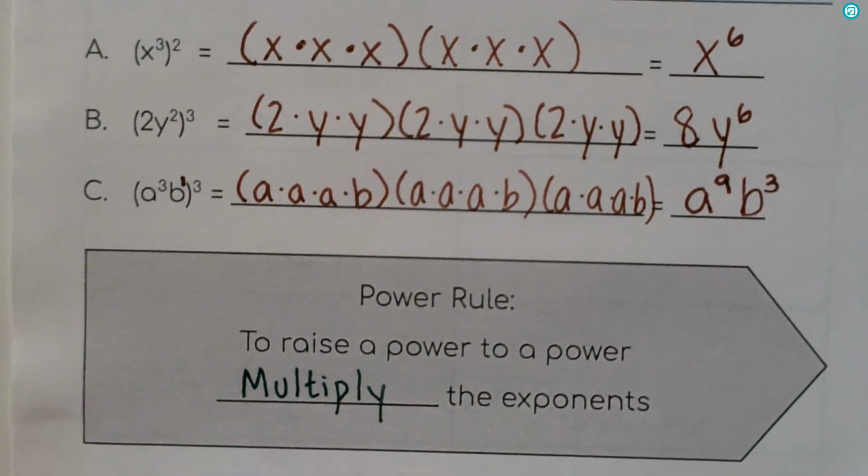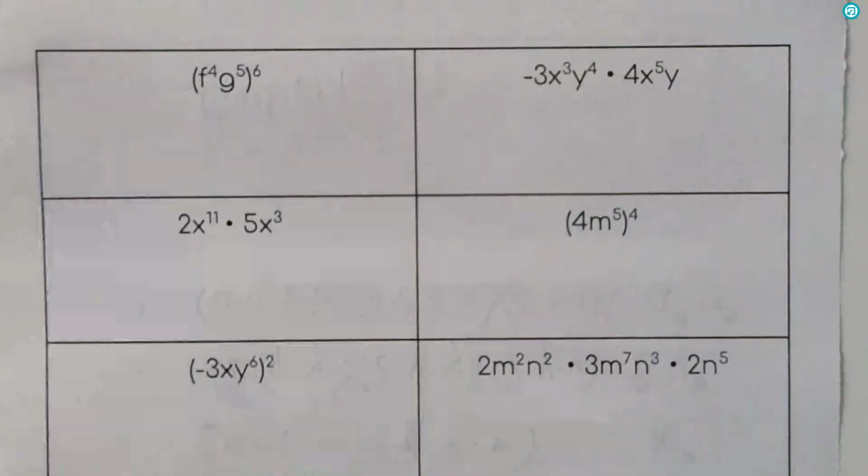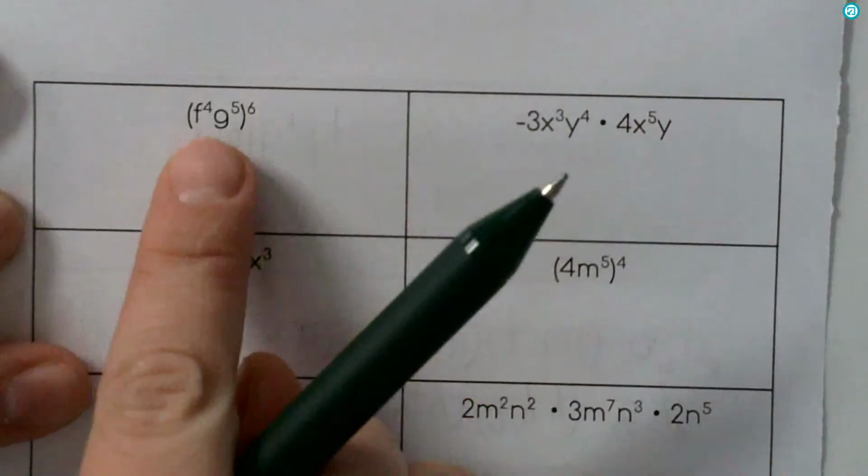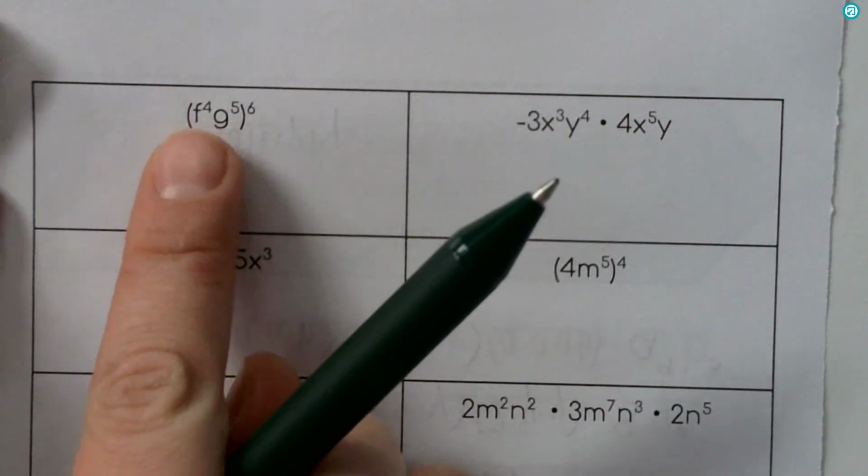Hey, we're going to flip this over then, and we're going to start using these rules without expanding. So we've got 2 rules, the power rule and the product rule. So you got to remember, am I multiplying things together that have the same base, or am I taking a power to a power? So this first one here, this is power rule, because I'm taking a power to a power.